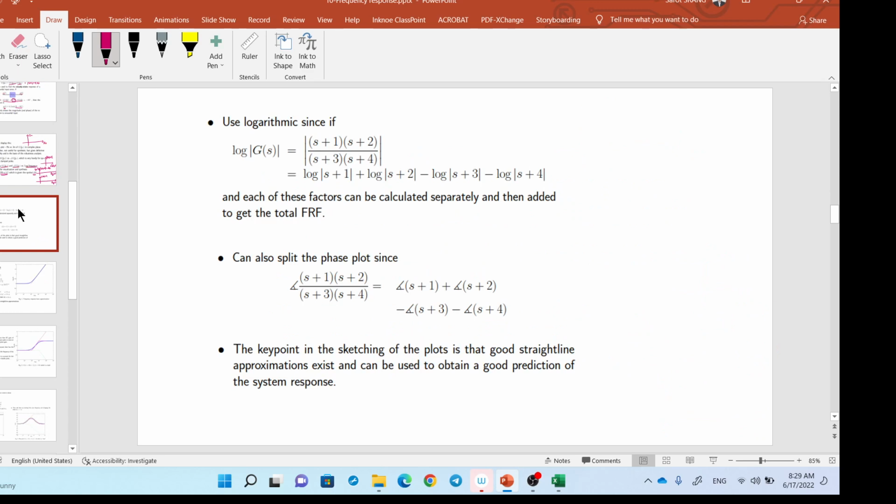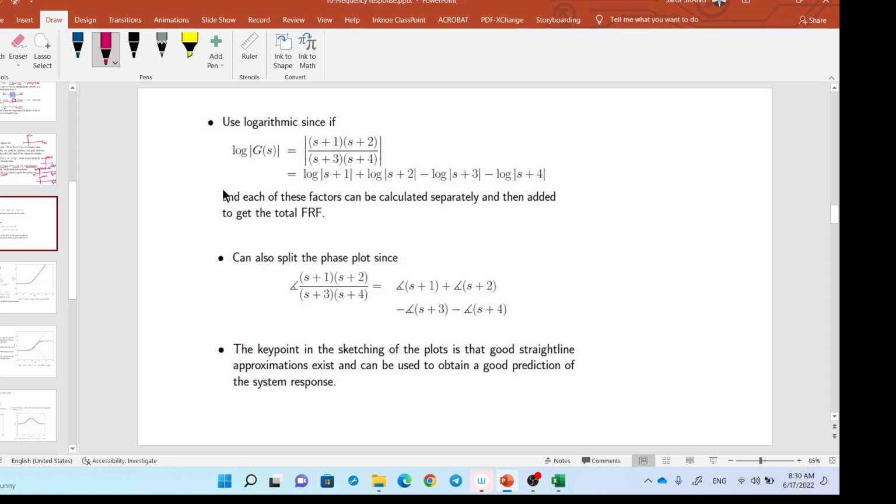Okay, so here let's start to see how you can sketch using the log scale. So far you have learned that the transfer function is in the form of fractional function, where both numerator and denominator are polynomial.